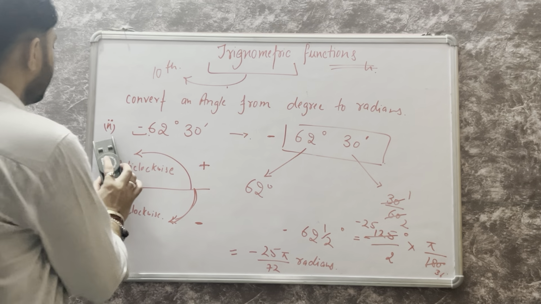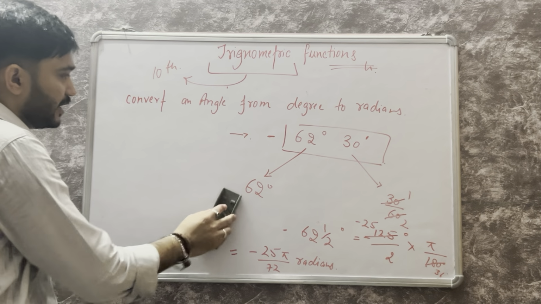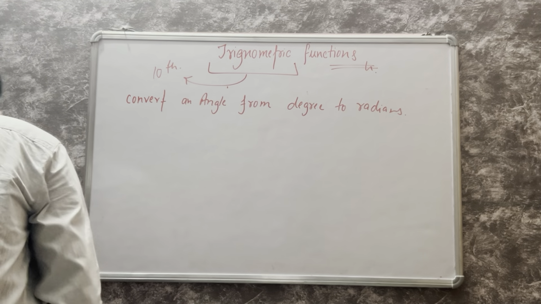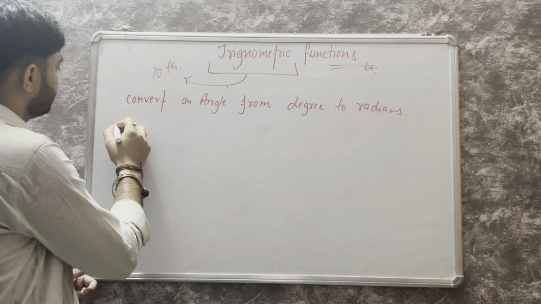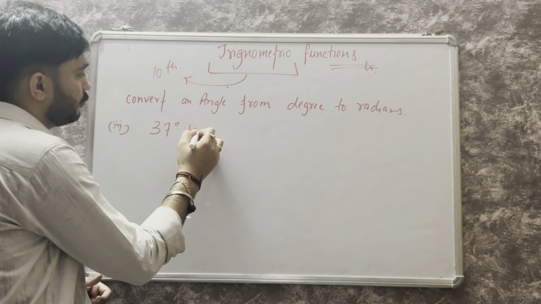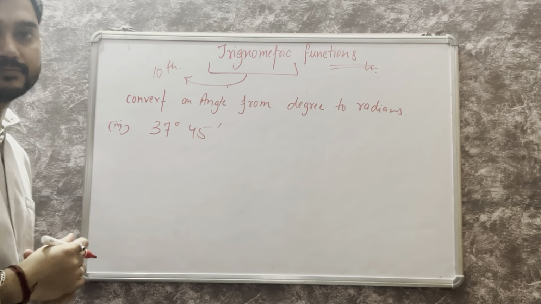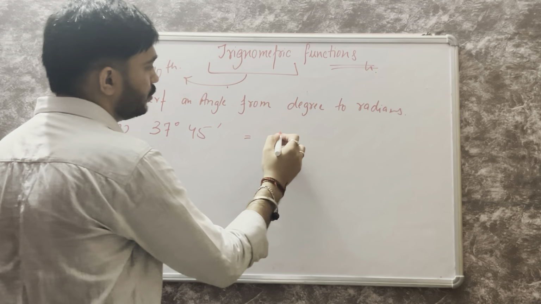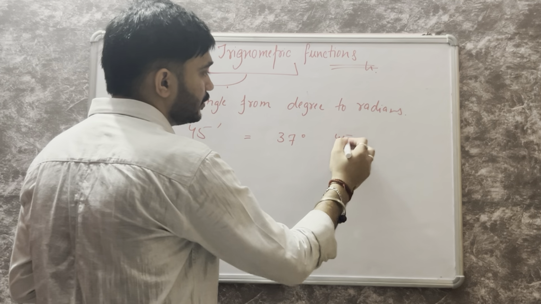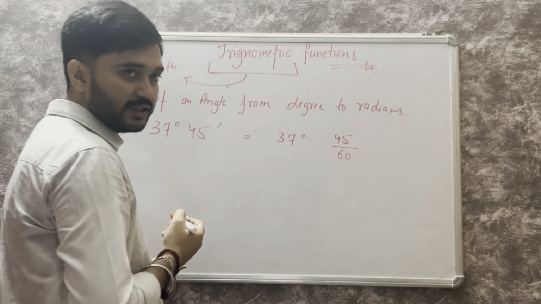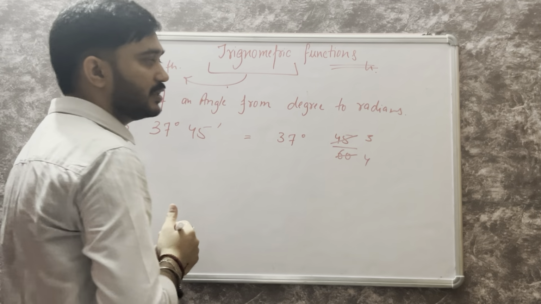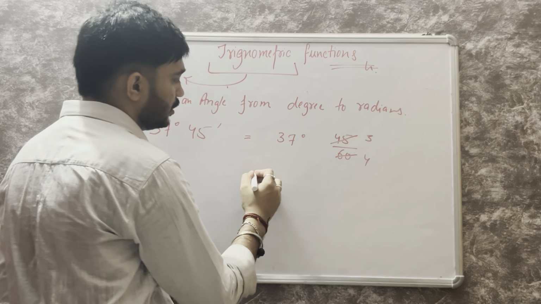Now we are going to solve one more example based on it. 37 degrees 45 minutes. So leave the degree as it is. Divide the minute by 60. 3 by 4, 15 times 3 is 45, 15 times 4 is 60.